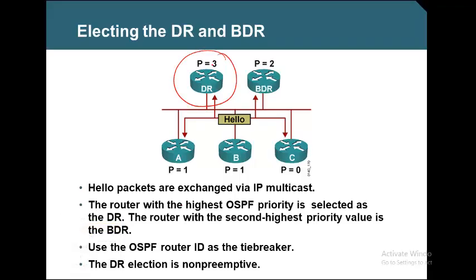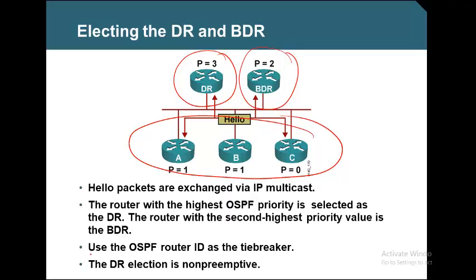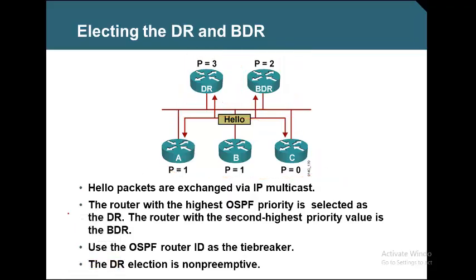Then only you will have it as per the priority. You want this to be DR, but what happened is you configured this one first, and then you configured this one, and when these two are talking and electing DR and BDR, there was no one else. So this says, I will be DR and you will be BDR.